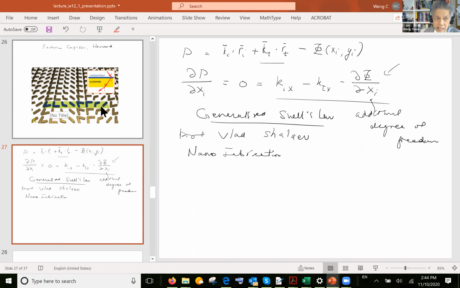Blue light has a wavelength of about 500 nanometers, so you can make structures on the order of tens of nanometers and make surfaces that have this extra phase function. The light ray would then refract differently depending on which part of the surface it hits, and you can make very fancy lenses.